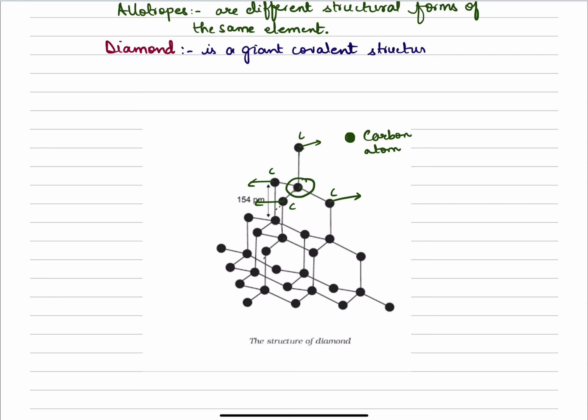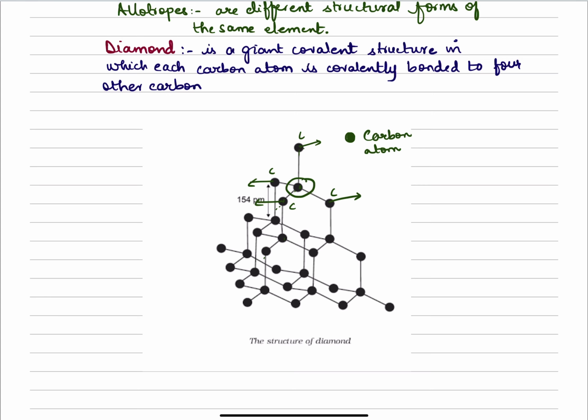Diamond is not a molecule because it does not have any set number of atoms. How many carbons there are, we don't know, so we can't call diamond a molecule. Diamond is a giant covalent structure in which each carbon atom is covalently bonded to 4 other carbon atoms.